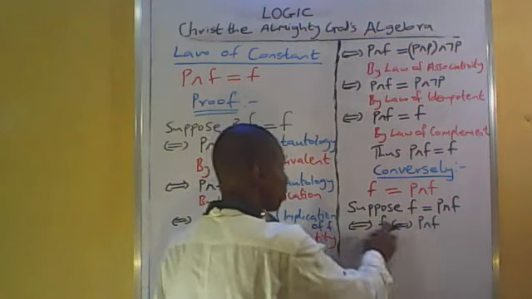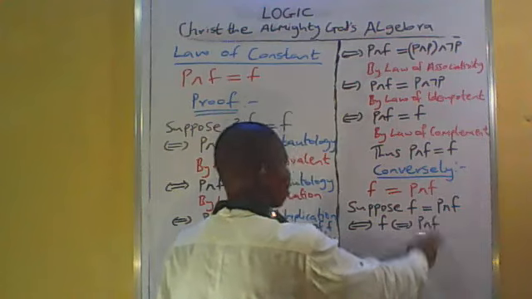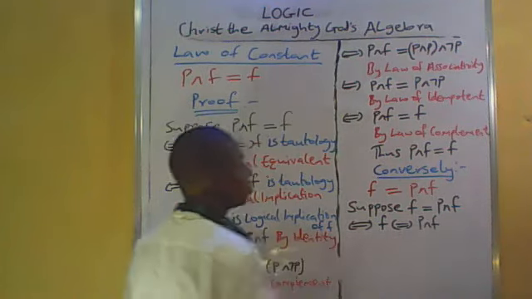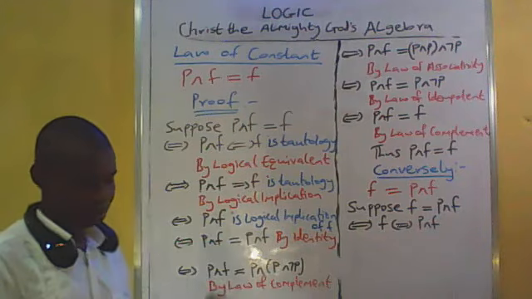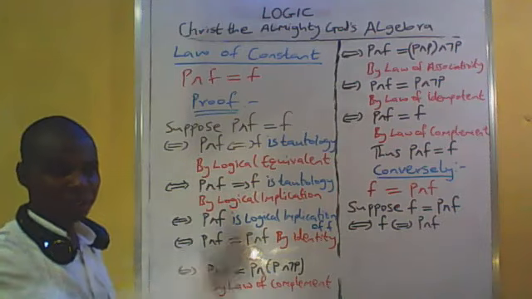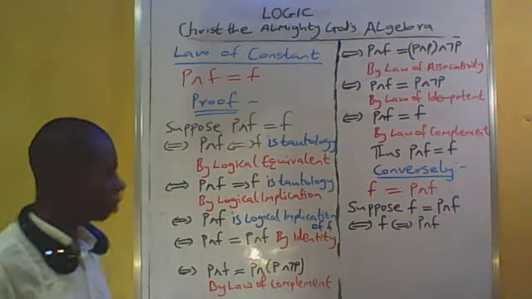Whenever the left side is false, the right side is also false. Whenever the right side is false, the left side is also false. So whenever you want to validate a statement, it must be true always, and you say that the statement is a tautology.